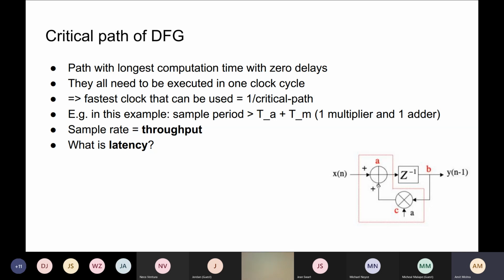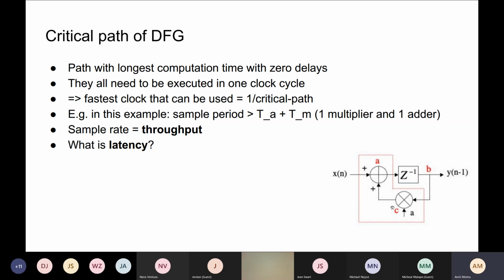For example, in this simple example, the critical path is the one shown in the red block, consisting of one addition operation and one multiplication operation. So the critical path is TA, or time taken for one addition, plus TM, time taken for one multiplication. And the sample period has to be greater than that.